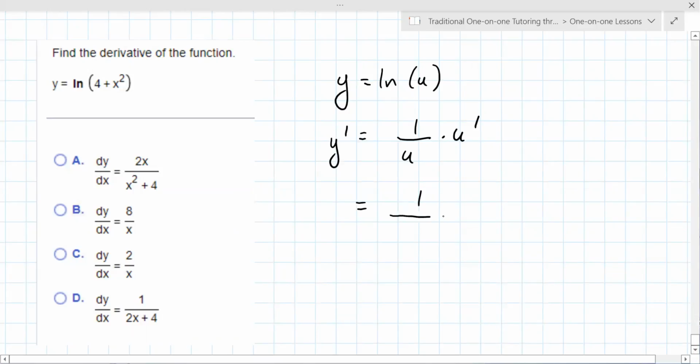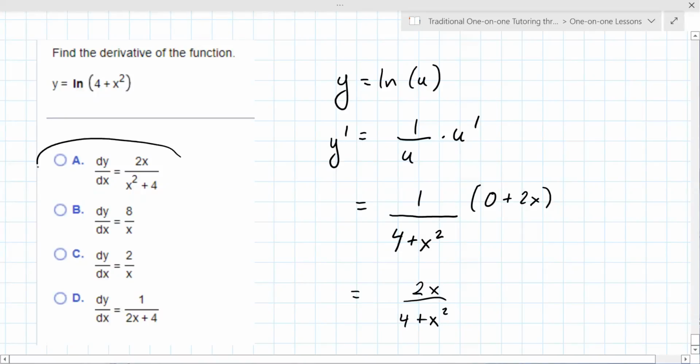So it's 1 over 4 plus x squared. And then the derivative of the inside function: the derivative of 4 is 0, plus 2x. So it ends up just being 2x over 4 plus x squared, or x squared plus 4. And just find the one that it matches up with.